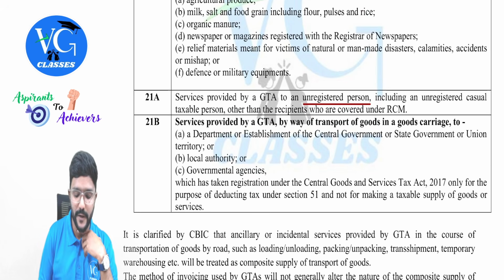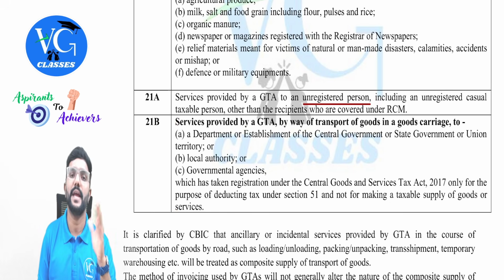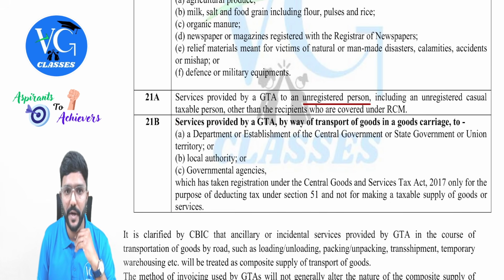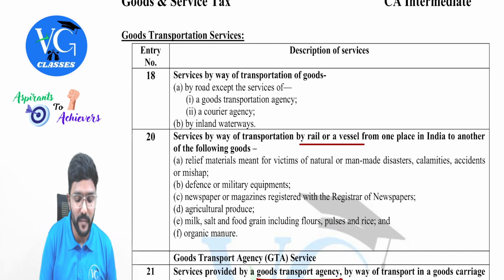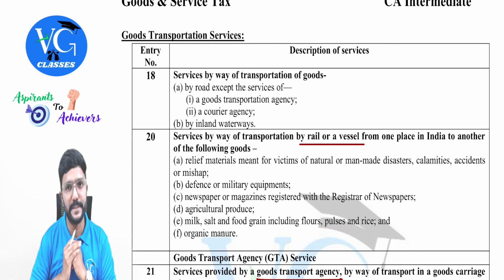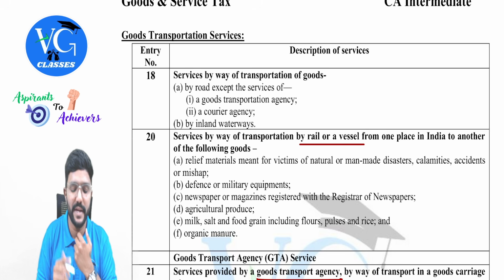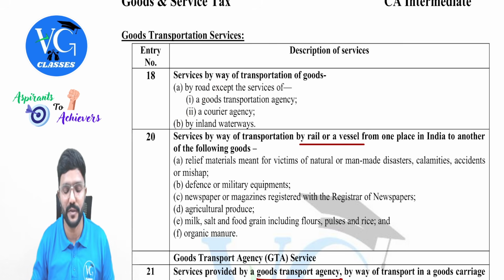Then here, if the recipients are some government related departments, even though they are registered, but only for TDS purpose, exemption is available. Got it? Yes, sir. So GTA is excluded from entry 18, whereas they have been included in separate entries. Got it? Whereas courier agency has been excluded from 18 and we don't have any separate entry for this.